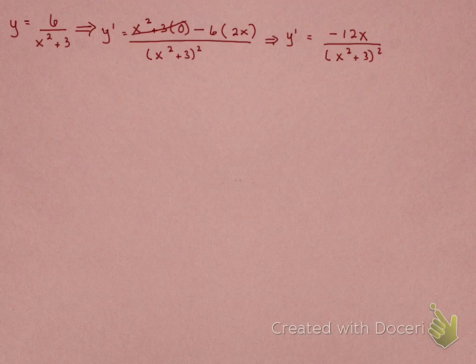Okay. Now, eventually what's going to happen is that we're going to need to take the denominator and find its derivative. That is the chain rule. So before we get to the point of needing that, let's do our u prime, f prime u thing. So u is going to be our x squared plus 3.